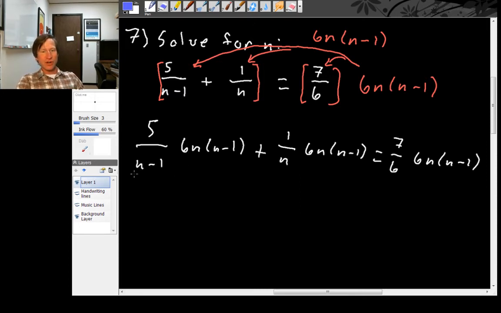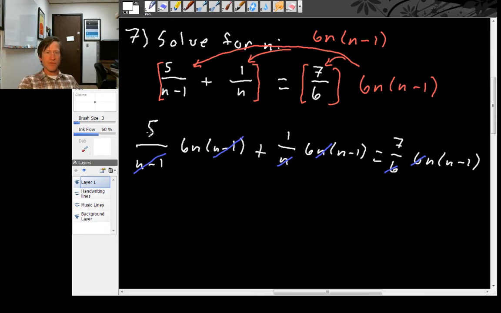So in this first term, the n minus 1 here cancels that n minus 1 right there. In the second term, this n here in the denominator cancels the n there. And then on the right-hand side, the 6 in the denominator cancels the 6 in the numerator. So let's see what we have left.